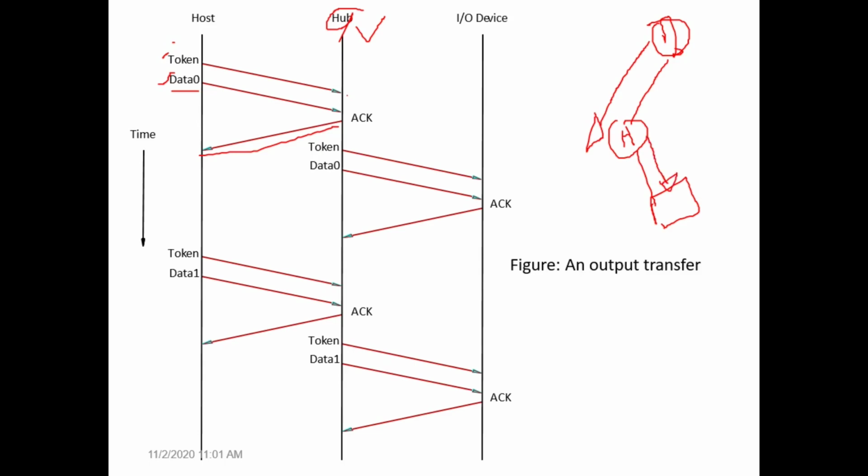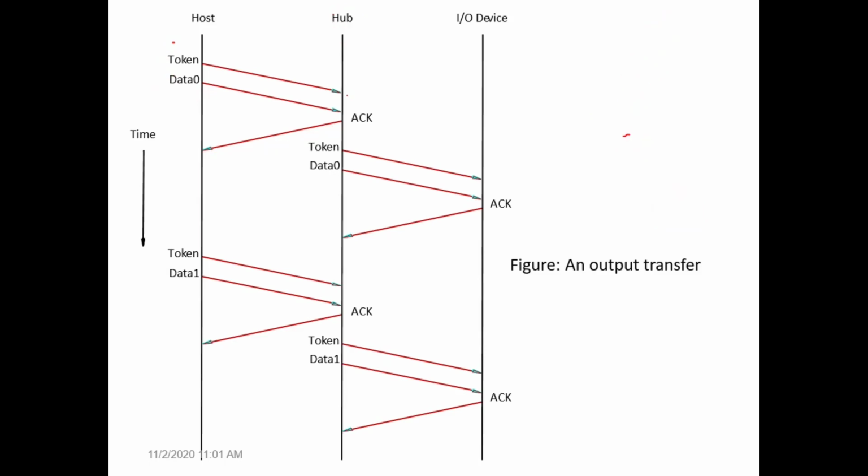Now if there are a few more intermediate hubs, it will pass through all the hubs. So that is one thing. The initial token packet is sent, then data is sent. Once the destination receives the data, an acknowledgement is sent back to its previous node or host. So once this hub receives the data, it sends the acknowledgement to its host.